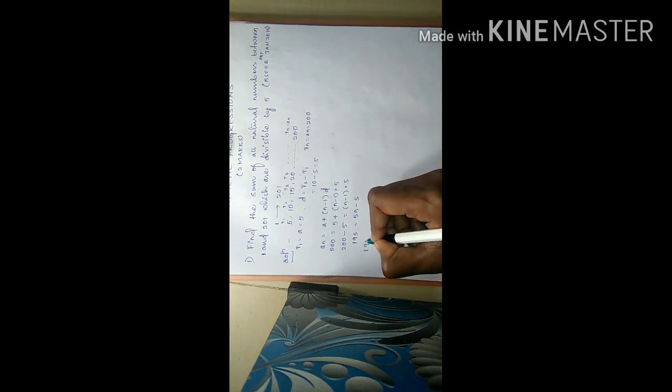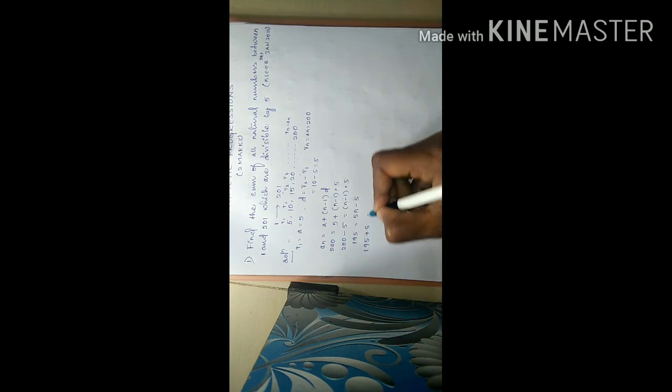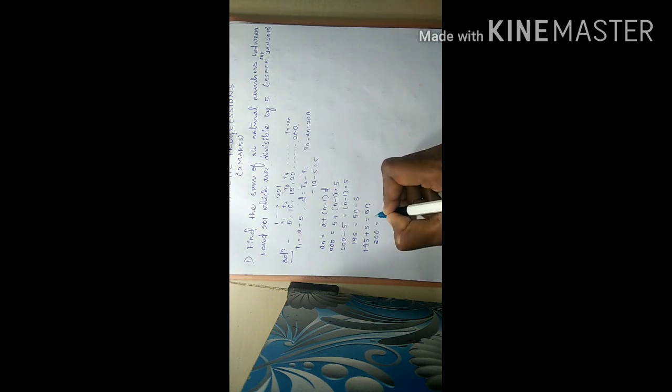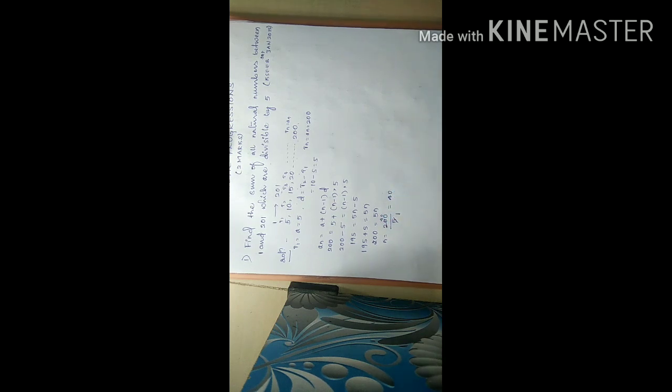Now 195, take 5 this side, that is plus 5, that is equal to 5n. Now 195 plus 5 is 200 is equal to 5n. Now n is equal to 200 divided by 5, that is 40.